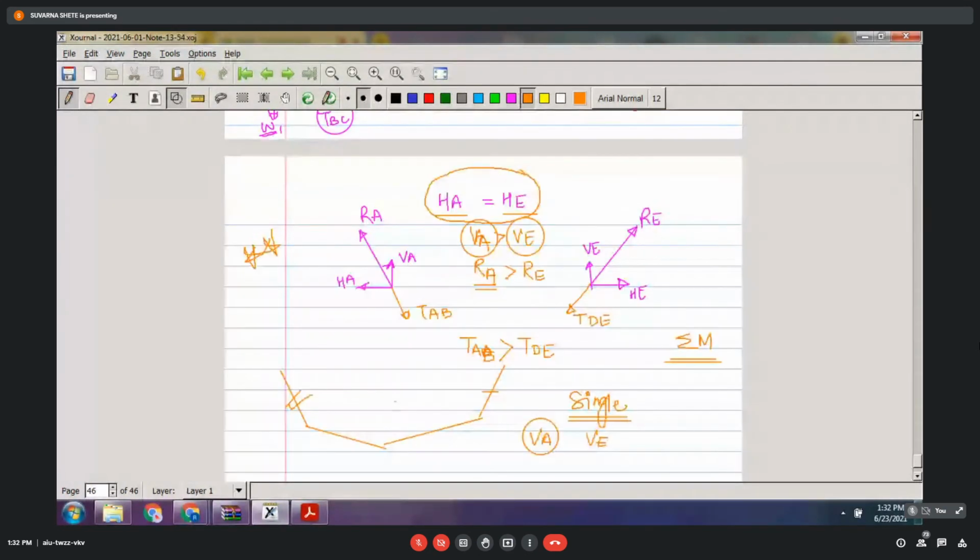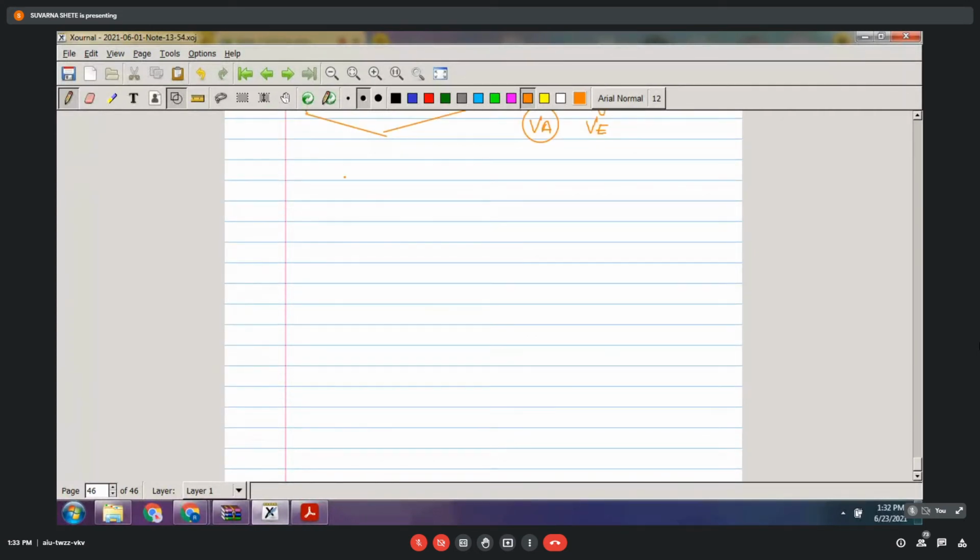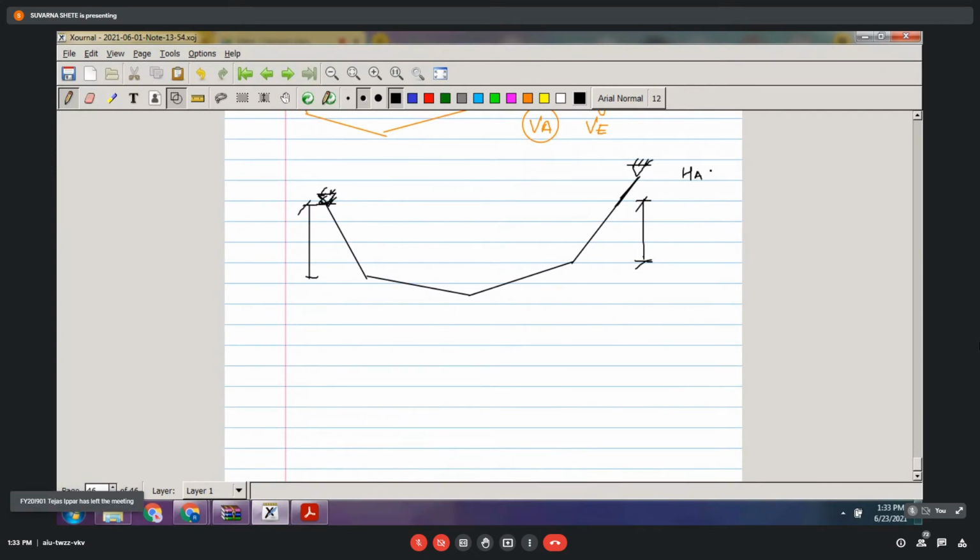The next important thing for cable is, suppose we have not calculated the reaction component values, and you are only given this. If it is given that this is some cable segment and some vertical distances, consider that in this case your ends are not at the same level. This is over here and this is somewhere here. Now even if HA is equal to HE, I don't want to calculate those values or comment on the magnitudes of HA and HE.